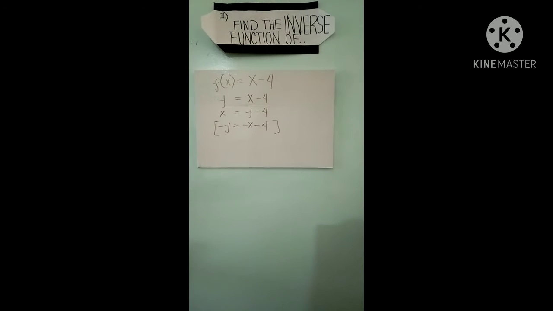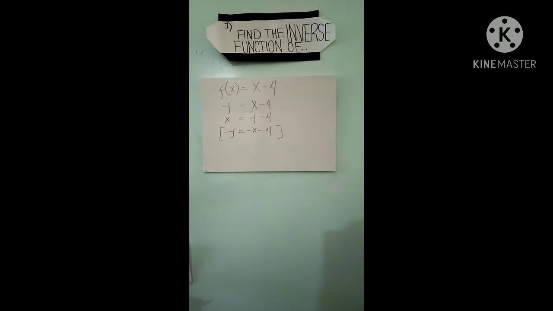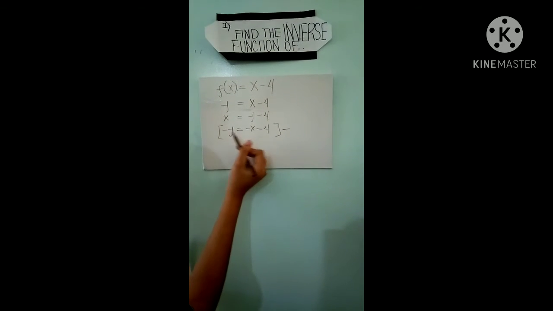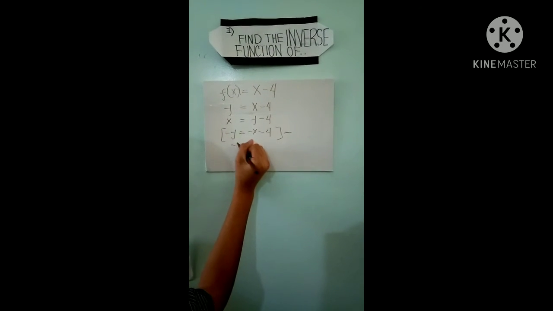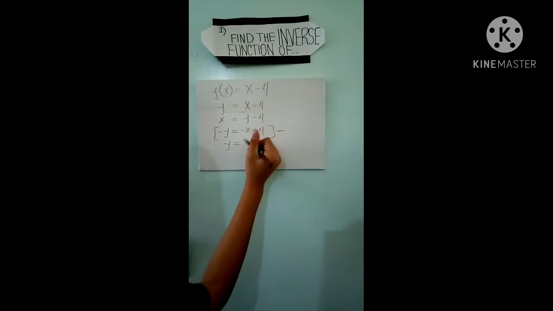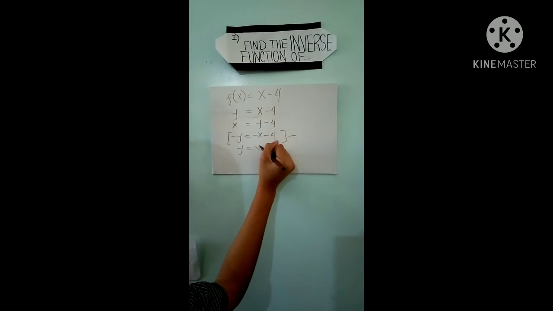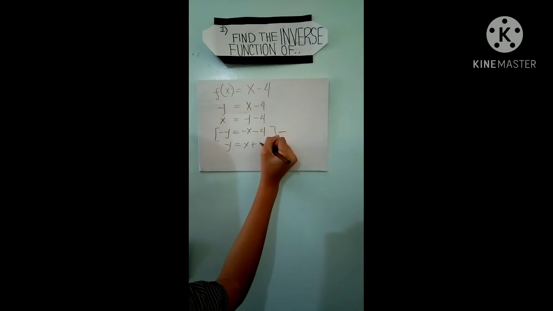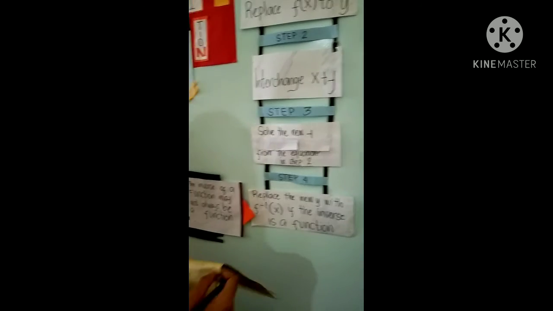So we need to multiply the equation by negative. Negative y times negative equals positive y. Negative x times negative equals positive x. Negative 4 times negative equals positive 4. So, we know that this is a function.